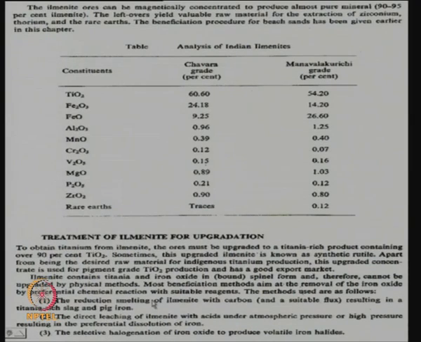Now, there are three basic methods which I have listed here for removing FeO and TiO2, or rather the iron value and the titanium value. In our industries today, because we are mostly interested in producing synthetic TiO2, we reduce the FeO part to iron, then we rust it.